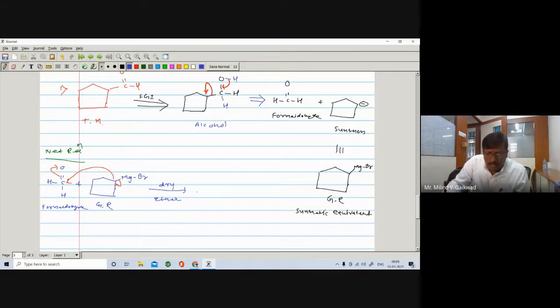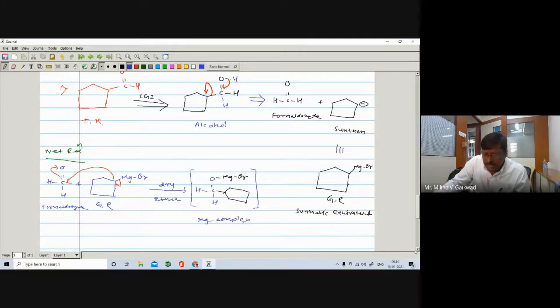So we are getting H, here is a C, here is an O, here is a H, and you add here the cyclic compound, cyclopentyl, and here is MgBr. This is the magnesium complex.